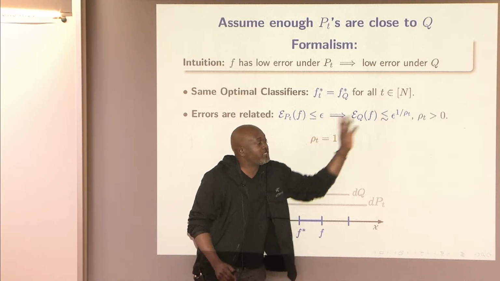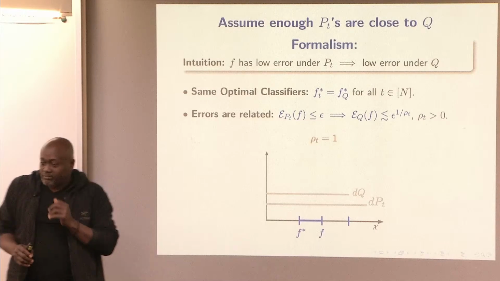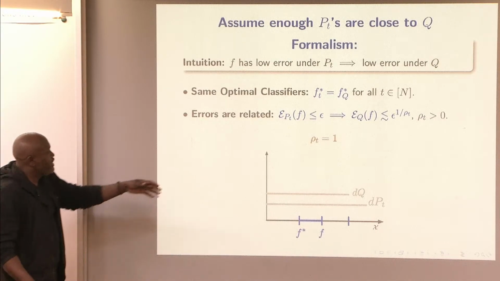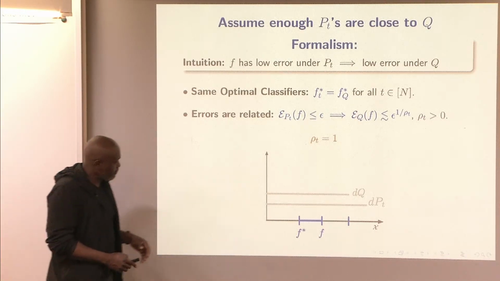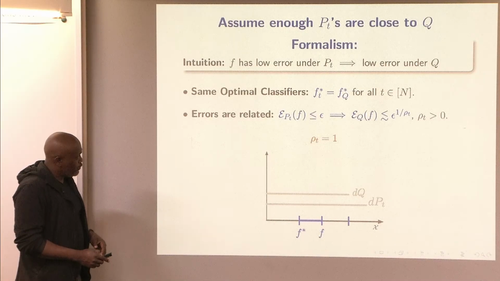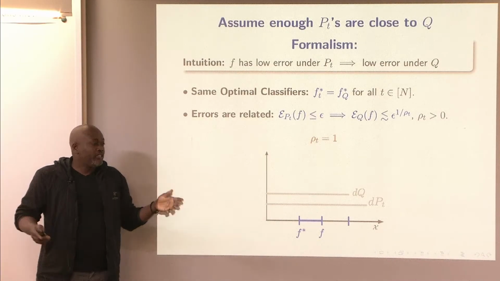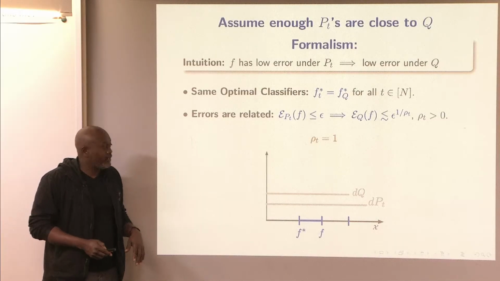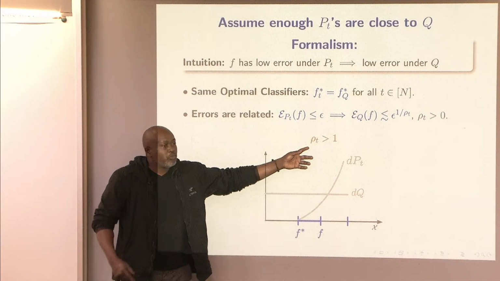The squiggle just means up to constant. Clear, everyone? So this will be a case where rho is equal to 1, which would mean that I can treat the source and the target almost the same. This will be a case where rho is large.